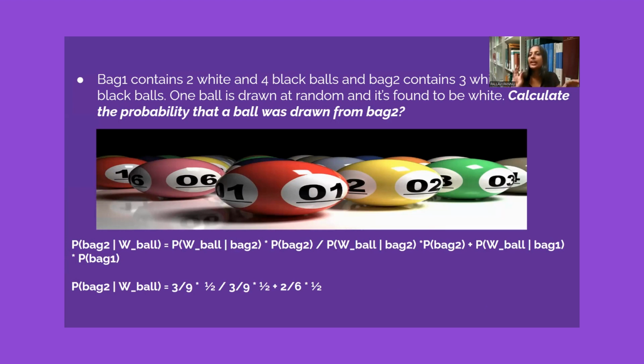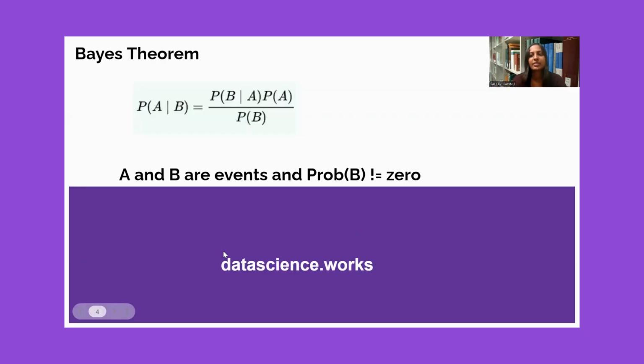So we have bag 1 and bag 2, I randomly pick a ball and it was white, and I want to calculate the probability that it was drawn from bag 2. For this kind of problem, we can simply utilize the Bayes theorem that I told you about. Now we will define the A and B events and decode them with the help of this equation.